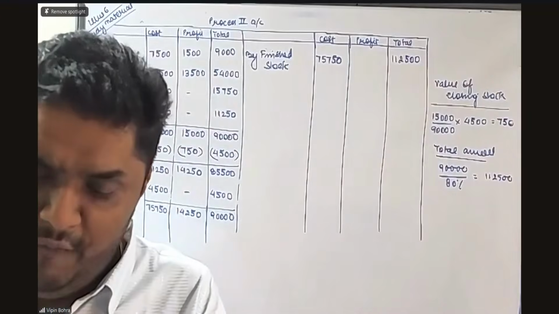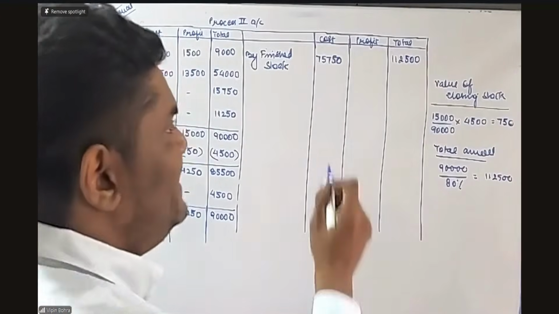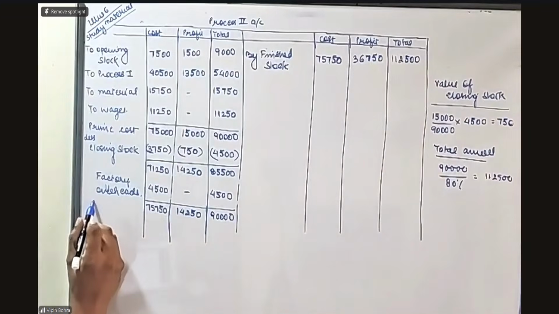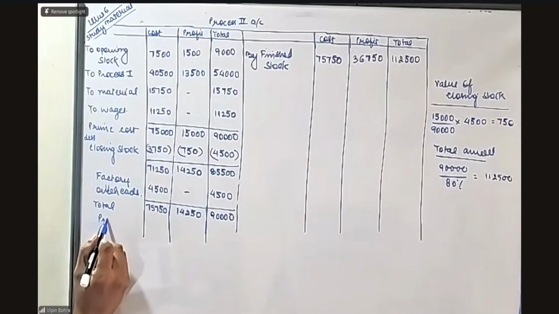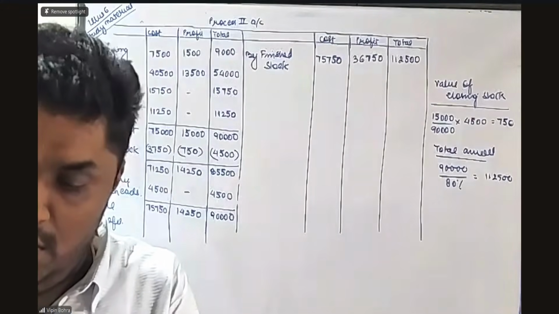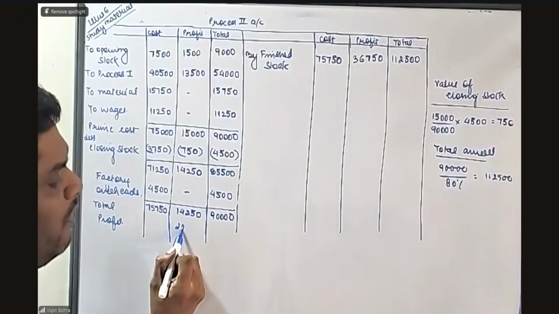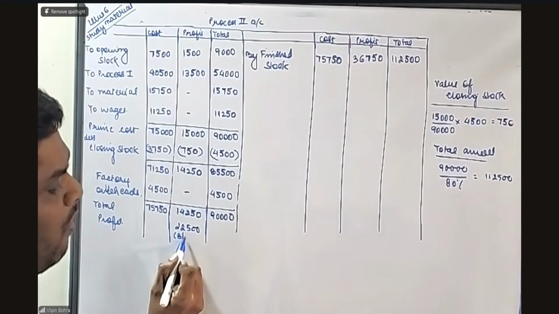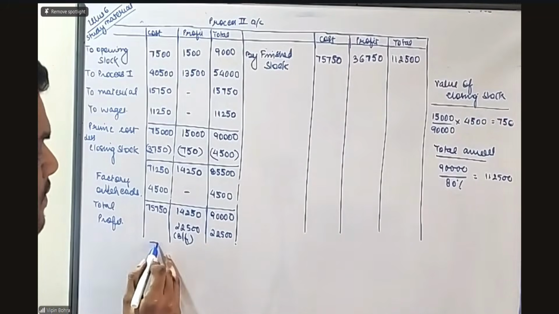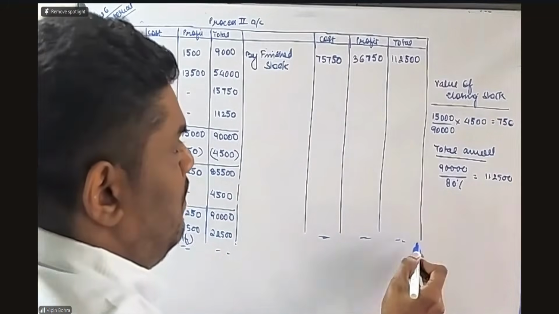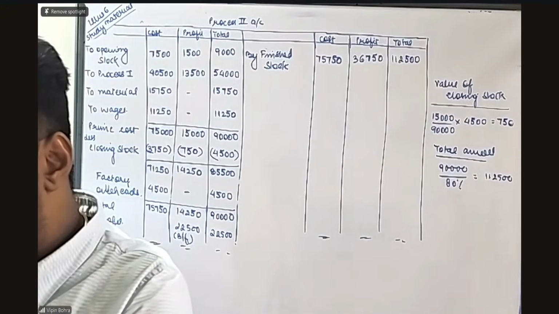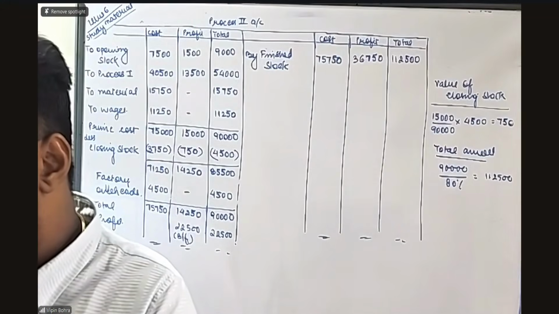So till date, the profit to the company is how much? 36,750. And the profit for process second is how much? 22,500. So this is the way process second account is to be prepared. If anyone has any doubts or queries, please post.